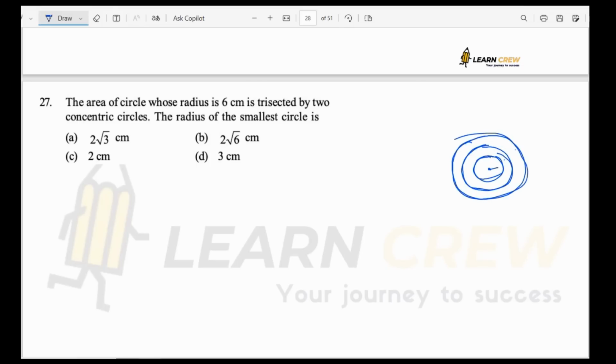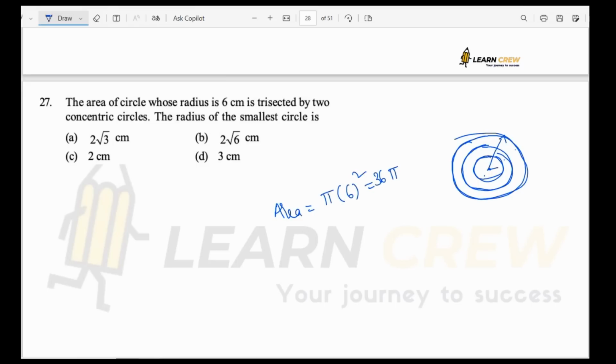Yes or no? Now this area would be 3 times of this, so this area would be 1/3 of this. If you see, the outer circle radius is given as 6. So the area would be pi r square, 36 pi, for the bigger circle.